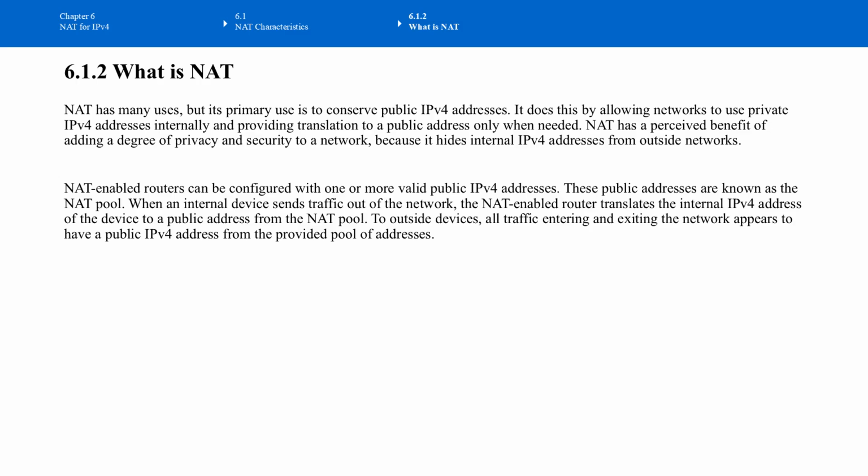When an internal device sends traffic out of the network, the NAT-enabled router translates the internal IPv4 address of the device to a public address from the NAT pool. To outside devices, all traffic entering and exiting the network appears to have a public IPv4 address from the provided pool of addresses.